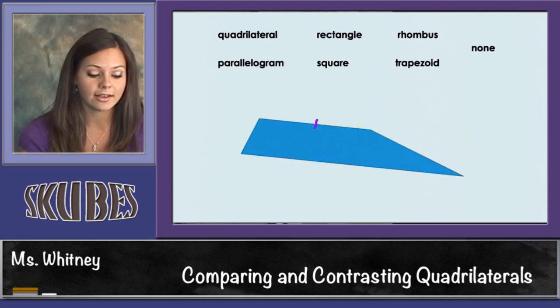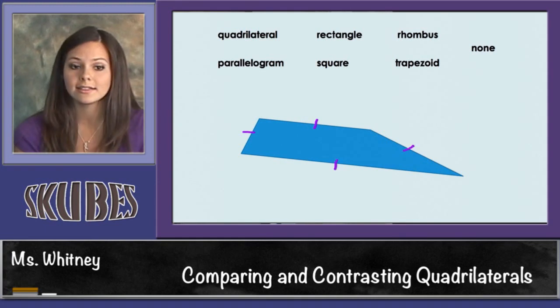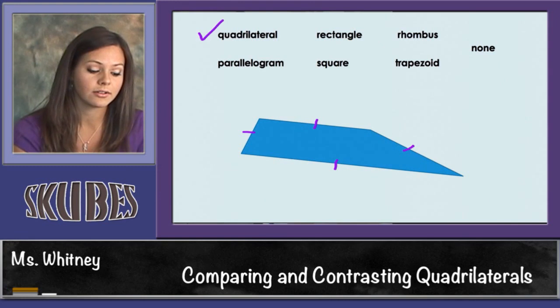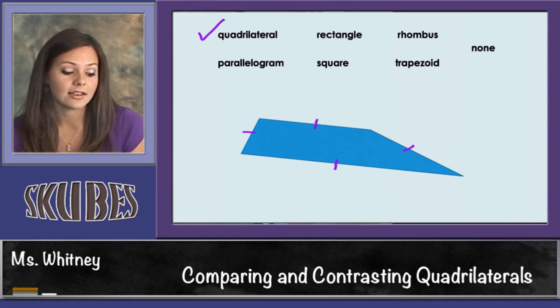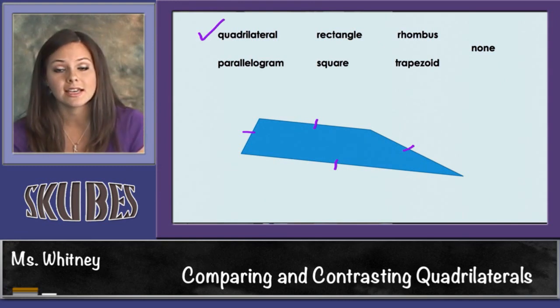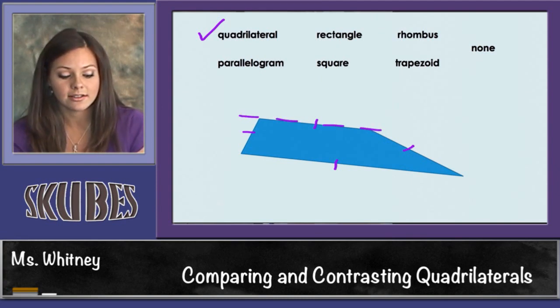This shape has 1, 2, 3, 4 sides, so it is a quadrilateral. It is not a parallelogram because it does not have 2 sets of parallel sides. The only sides that are parallel are shown here.